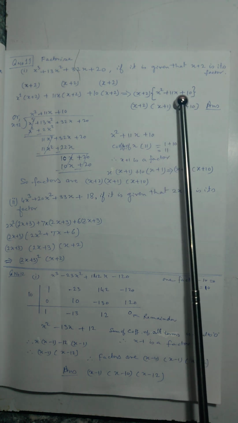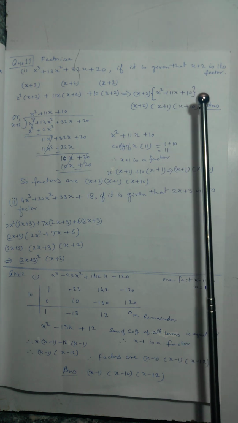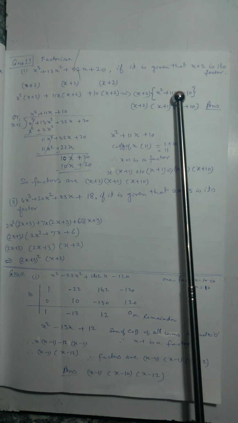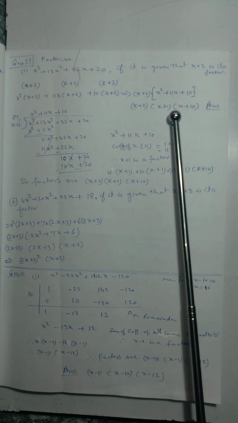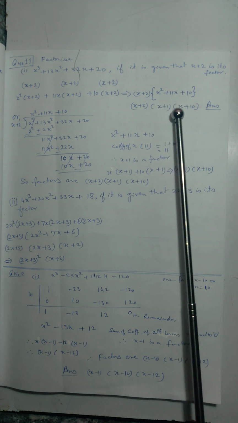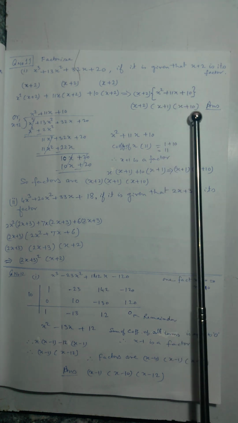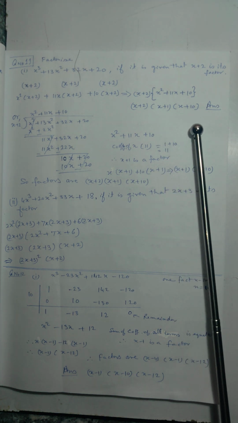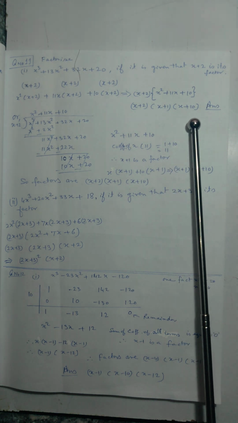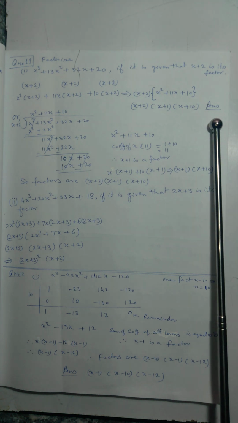Now you see, 10 plus 1, that is 11, and 10 into 1 is 10. So I have split it into two factors, that is x plus 2, x plus 1 and x plus 10. And this will be your answer.